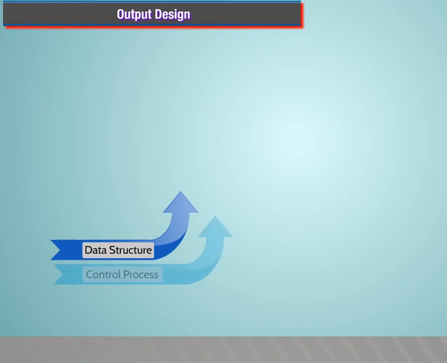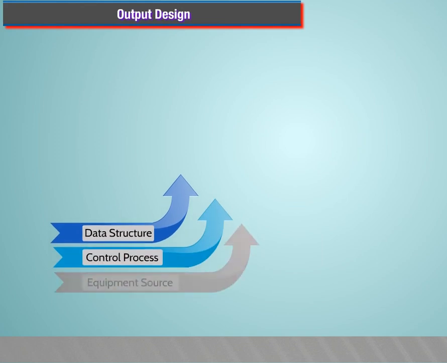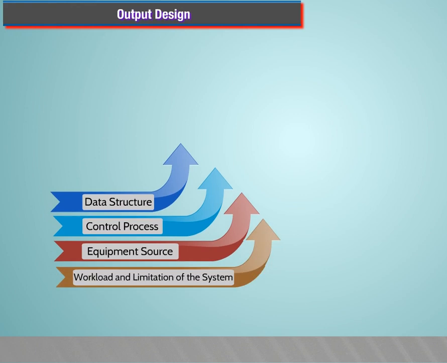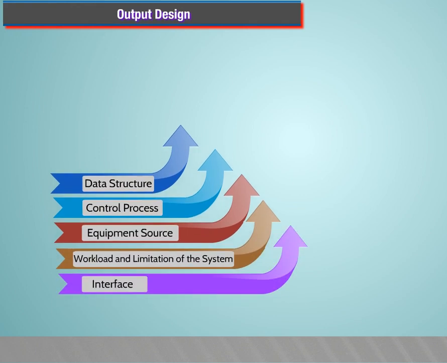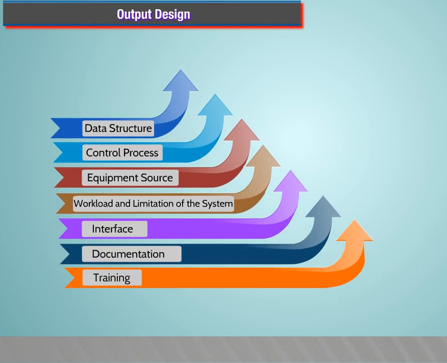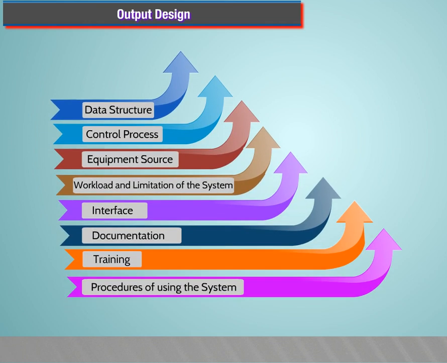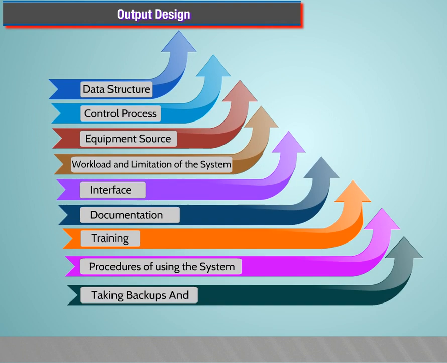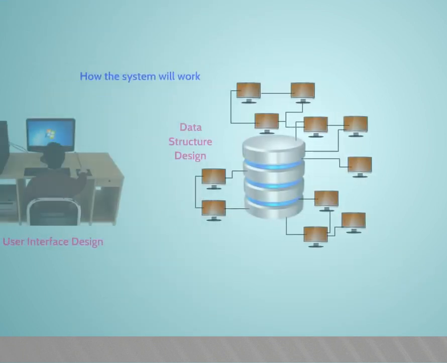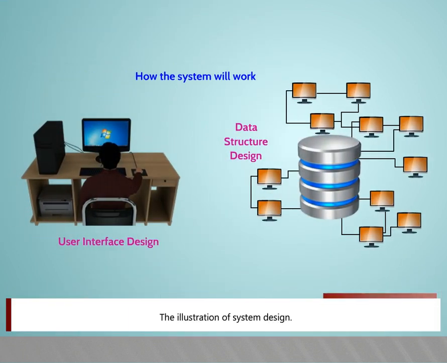Data structure, control process, equipment source, workload and limitation of the system, interface, documentation, training, procedures of using the system, taking backups and staffing requirement are decided at this stage. The illustration of system design.